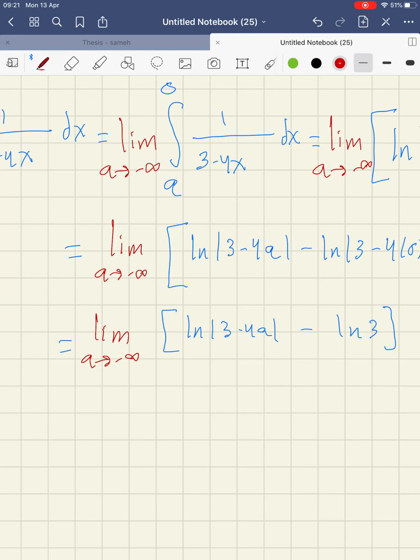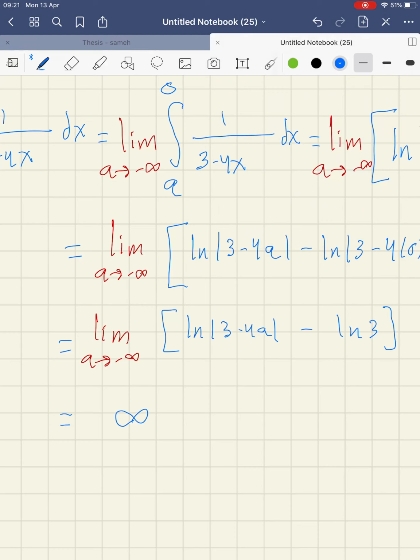Okay. Now, if you substitute infinity, this will be just ln infinity, which is infinity. So you will get infinity minus ln 3. And infinity minus ln 3 is just infinite.